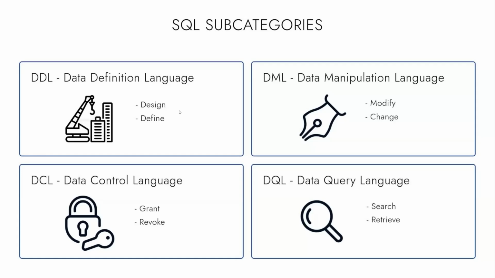That's going to have to do with granting access to certain things and also revoking access in certain cases. Last one, where we're going to be spending about 90% of the time, is DQL, data query language. This is when you search and retrieve. Very simple thing, but there are millions of ways of going about actually doing that.